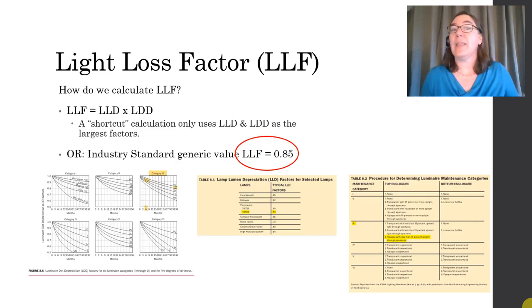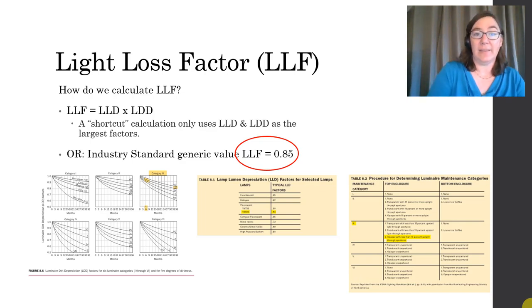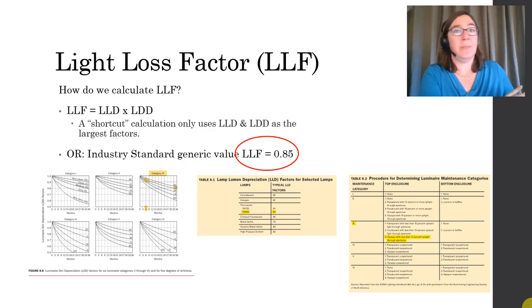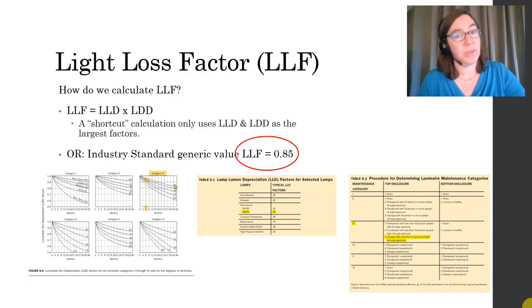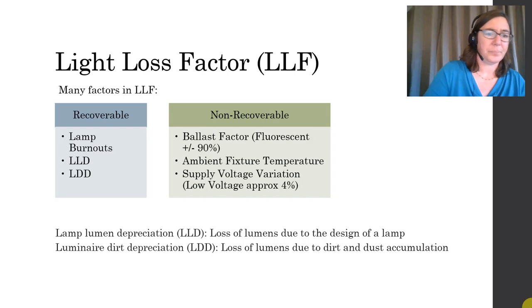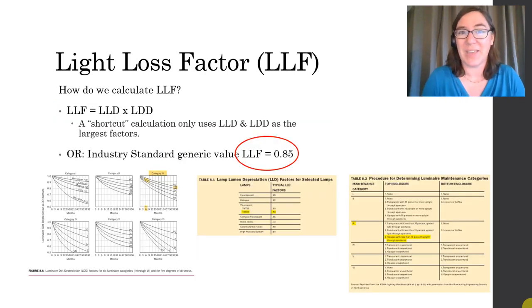So how do we calculate the light loss factor? You can calculate that, and there are all of those different factors that we just saw. You can use a shortcut calculation that only uses the lamp lumen depreciation and the, what is the other one called? Luminaire dirt depreciation factors.